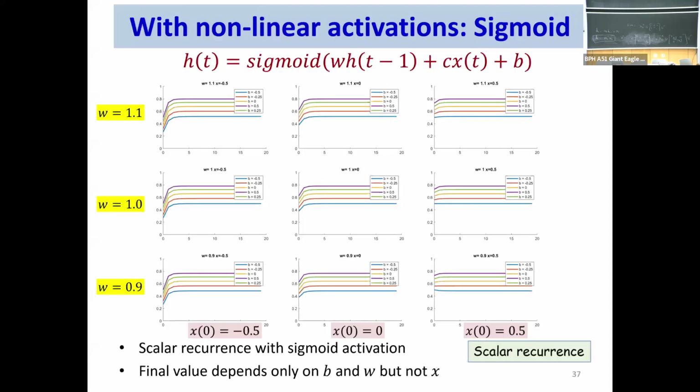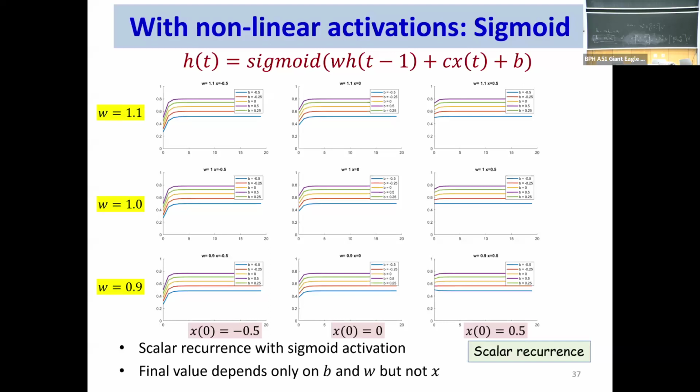What happens if I put in an activation function instead of just having something linear? Because that would be a natural question that you would ask. Okay, this is linear, but in a real neural network, I'm going to have an activation function. How does it behave? So here's what happens when I toss in a sigmoid activation function. Here I've done this for, again, the scalar case, where the hidden value is just a scalar. And so the recursion is going to give you scalar values.